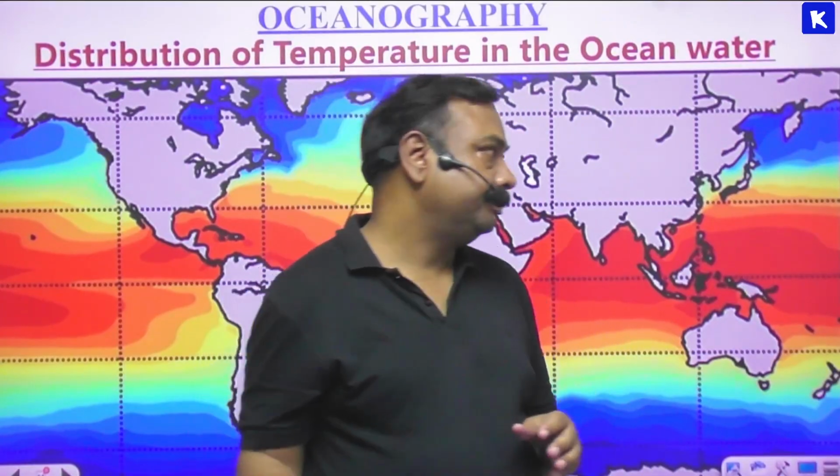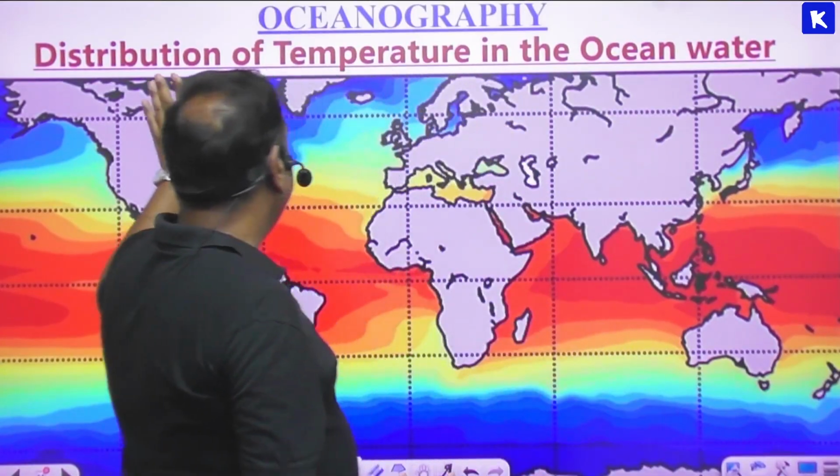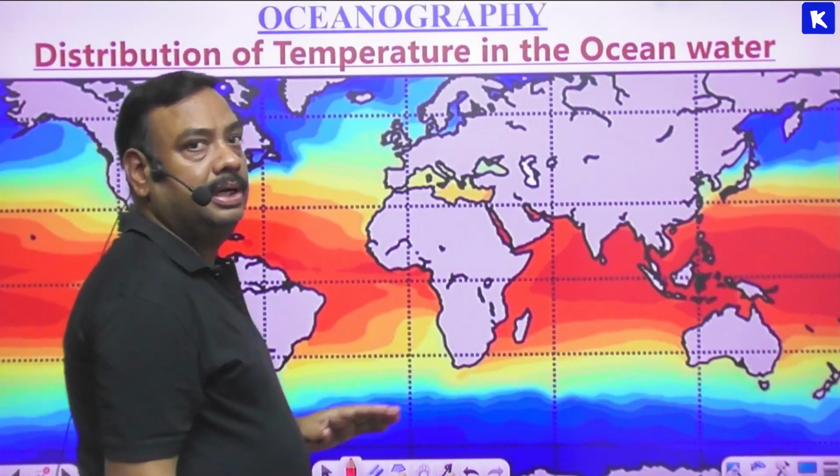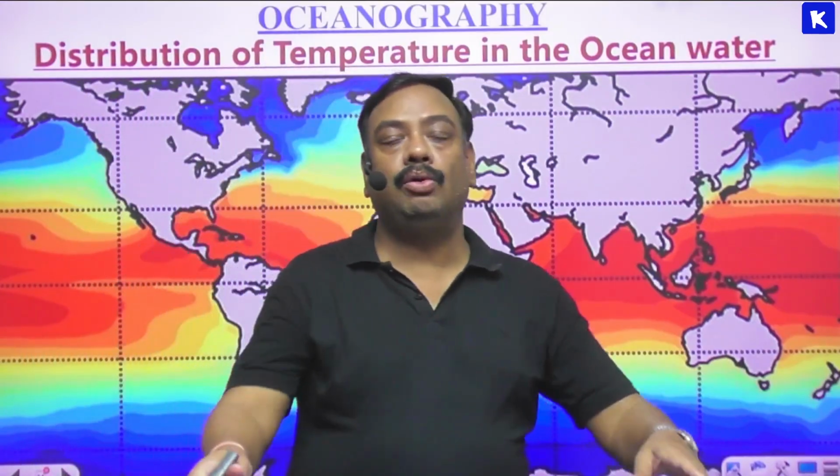Okay, see here, when we talk about the distribution of temperature in the ocean water, before that I told you that the distribution takes place in two manners. One is the vertical distribution of temperature, another is the horizontal distribution of temperature.